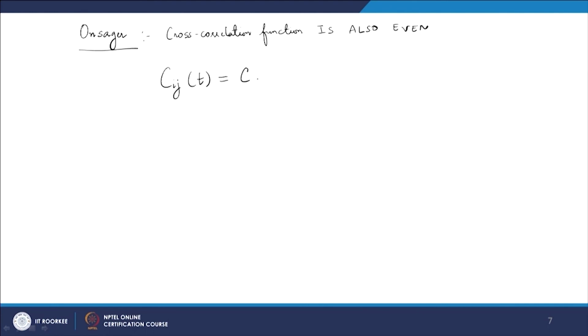It is difficult to derive it for a cross correlation function by the same means that we just did, but there is a scientist named Onsager who showed that the cross correlation function is also even, that is C_ij(t) is also equal to C_ij(minus t).